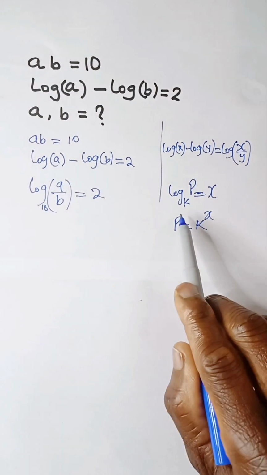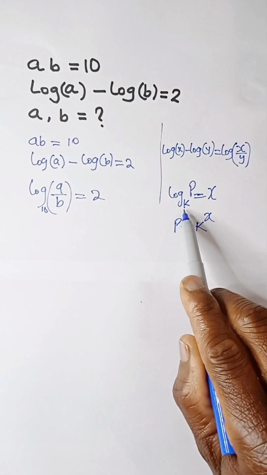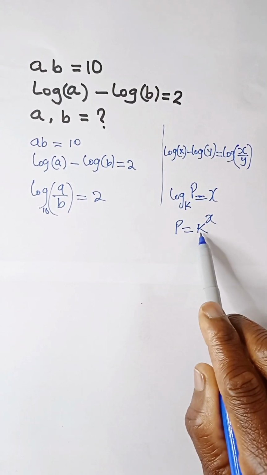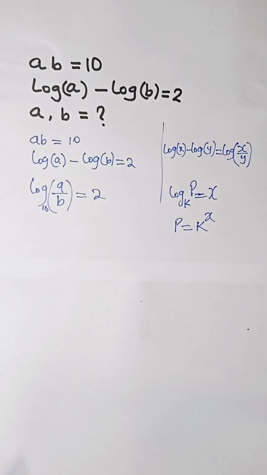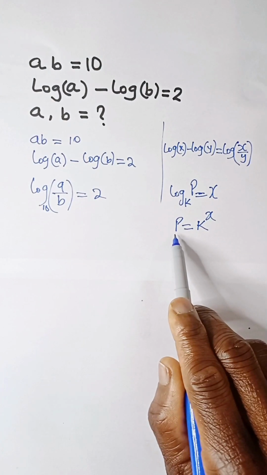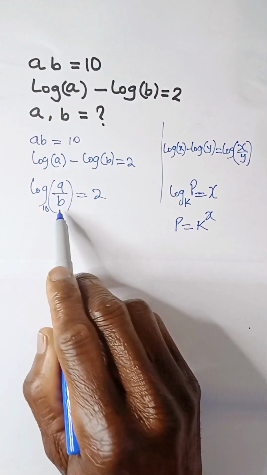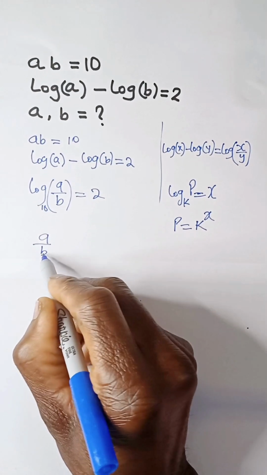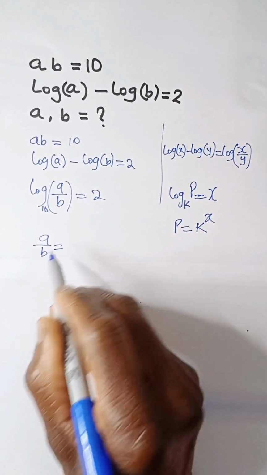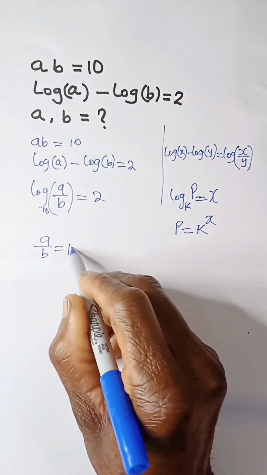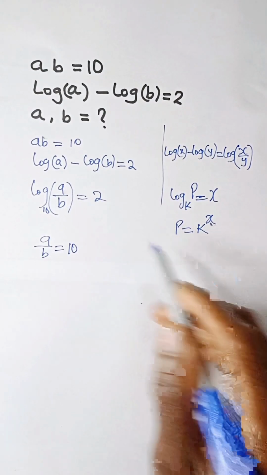Again, let us consider this rule. If we have log base k of p is equal to x, then p is equal to k raised to the power of x. Let us apply this rule in our given equation. P is represented by a divided by b. So we have a divided by b is equal to k is represented by base 10, and 2 is represented by x.